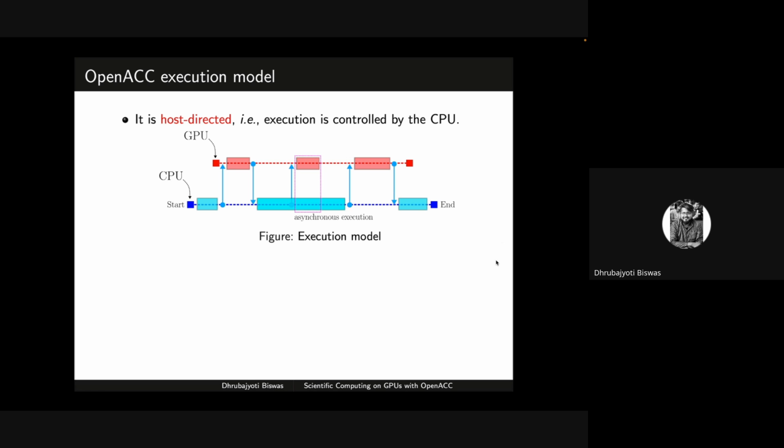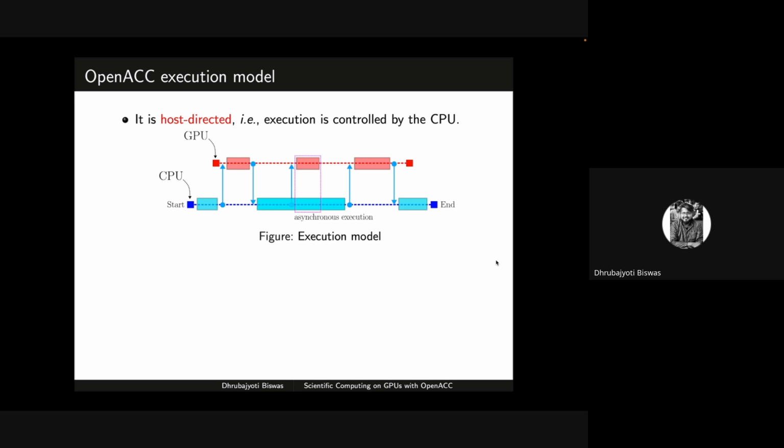So what we see here is it is being controlled by the CPU. From the CPU, you are giving the instruction to the GPU. It starts executing. You will have to decide what the CPU will do. So you can decide either you want to wait for the GPU to finish or you don't want to wait. So again, it is all being controlled by the CPU.